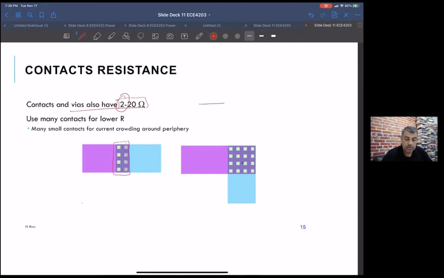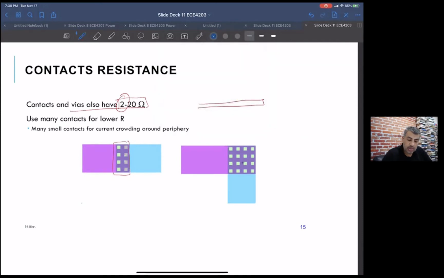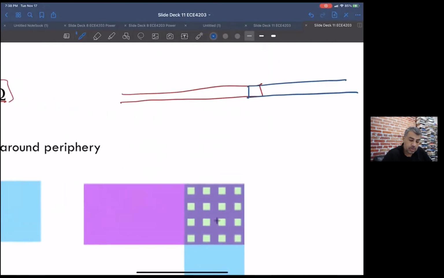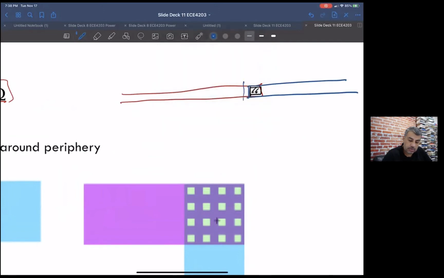If you have two narrow lines, let's say metal 1 and metal 2, you can drop in a contact, and you extend the metal 2 over the contact, and you extend the metal 1 over the contact.